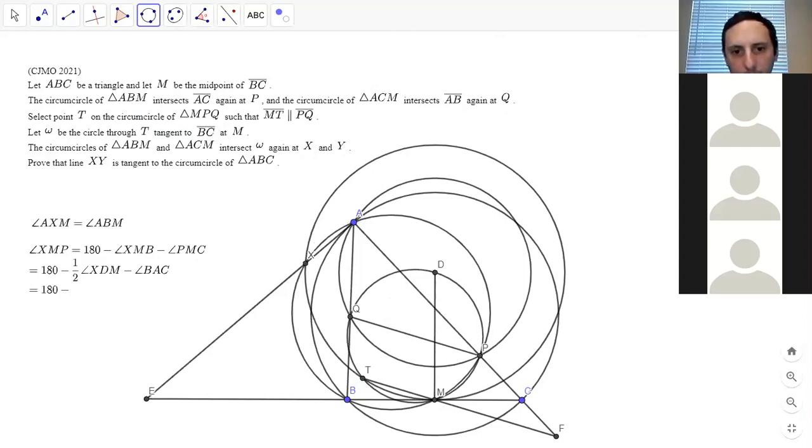So yeah, we could do it. We could try it that way. Can you hide the circle of XTM? Yeah.